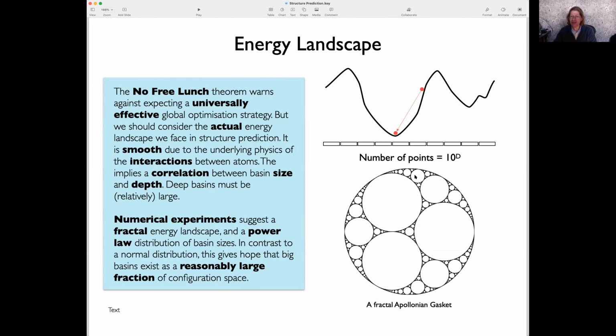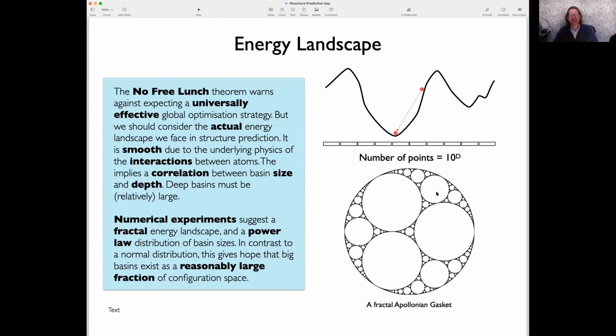And if you plotted the number of circles of different sizes, you would get a power law distribution. There'd be a large number of teeny ones, and then slightly fewer, slightly bigger ones, and so on, and then just a few very big ones. But the very big ones, by nature of being very big, are taking up quite a lot of the whole energy landscape in some way.